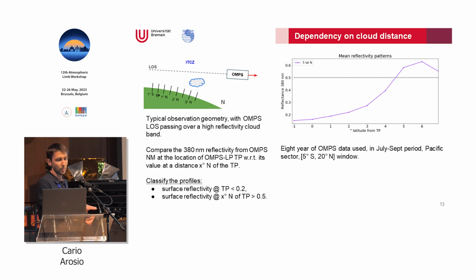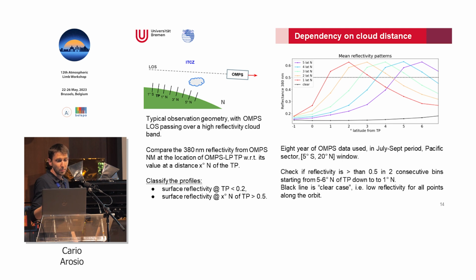stable MLS background stratospheric column in the Pacific sector, in this 5 degrees south, 20 degrees north window. And then indeed we shifted the reflectivity pattern requirements to the south until we found some profiles with a clear tangent point, but high reflectivity right to the north.